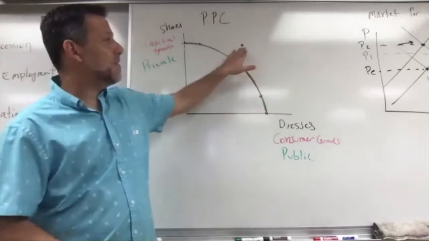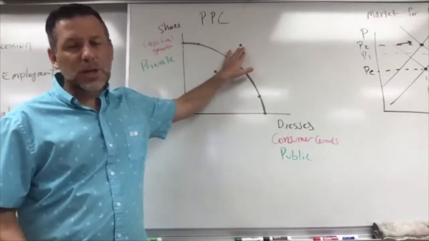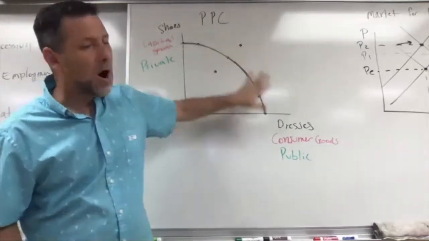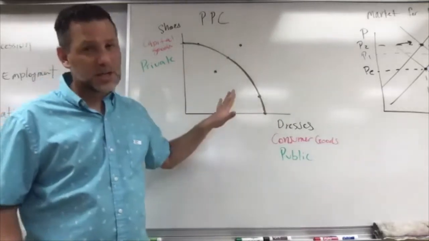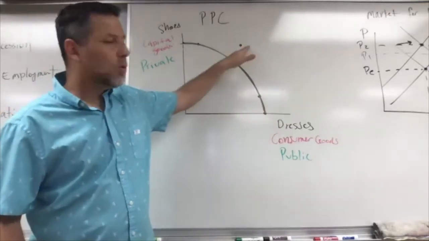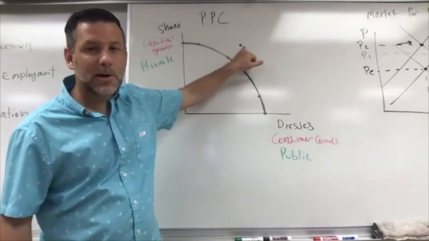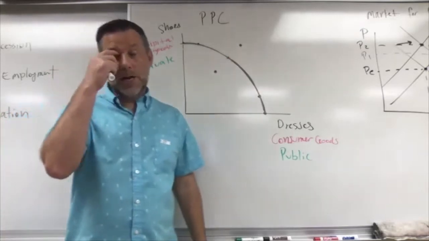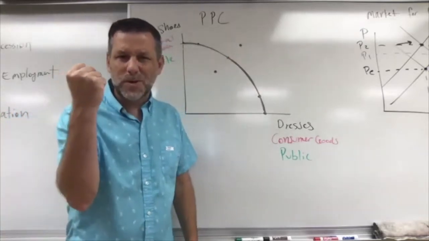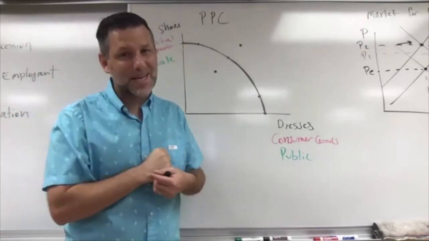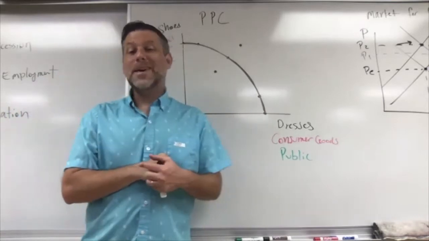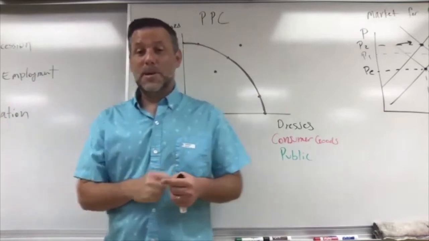That's what happens out here. So usually we assume that the quality of what's being produced doesn't change, but the resource that allows us to get out here is labor. So we're trying to squeeze more production out of our labor. Does that make sense?